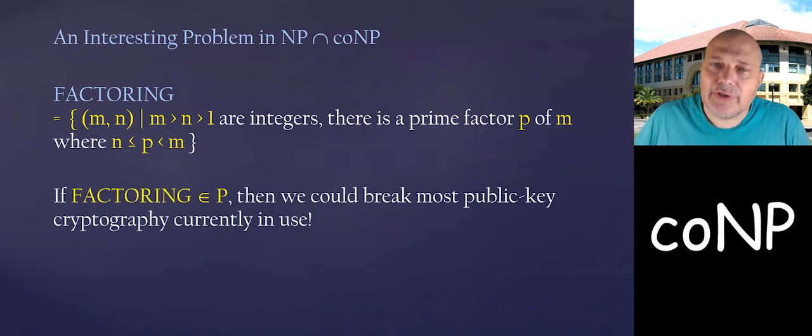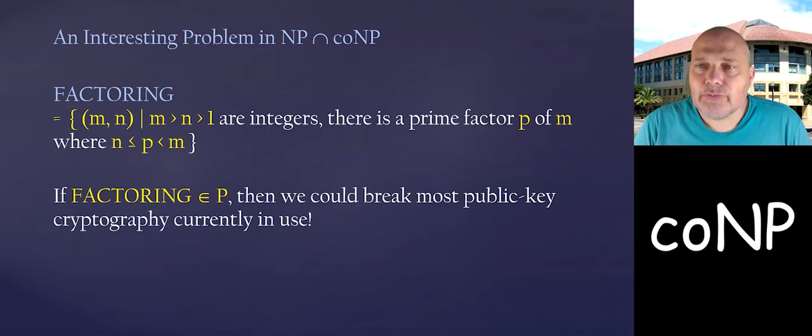If factoring is in P, then we could break many public key cryptography that we currently use. In fact, if we believe in the common model for quantum computation, then factoring can be broken once we have quantum computers that are large enough, which was known for decades now, and it finally seems like the construction of quantum computers is catching up, but we're still a way to go.